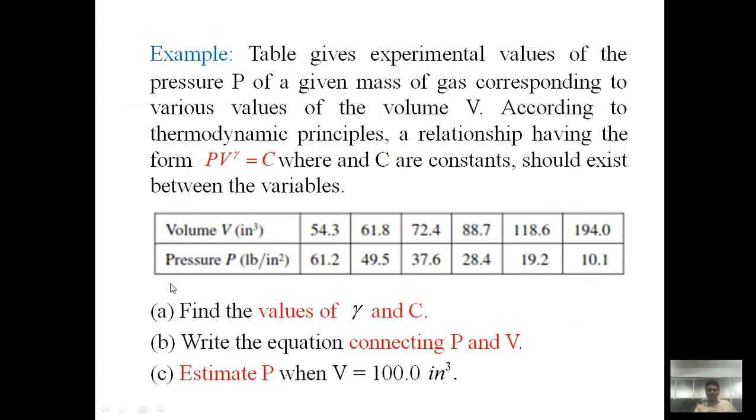Third and last option, estimate the pressure P when the volume is 100, between these two cells. So we have to find the approximate value of pressure when volume is 100 cubic inch.